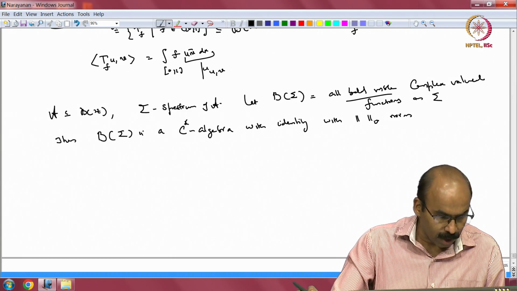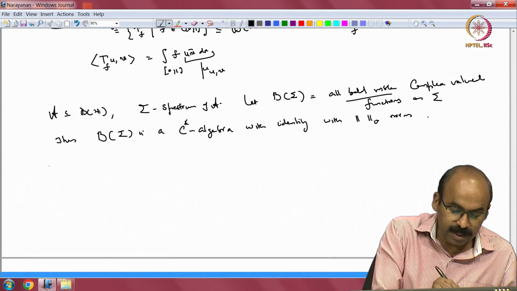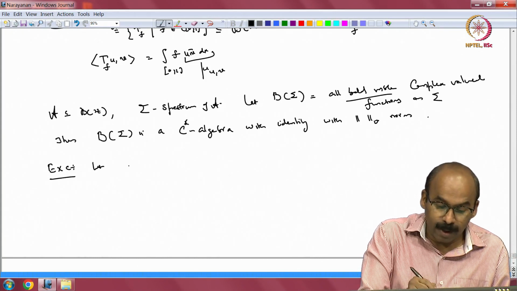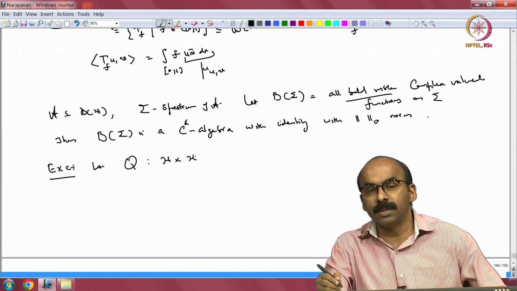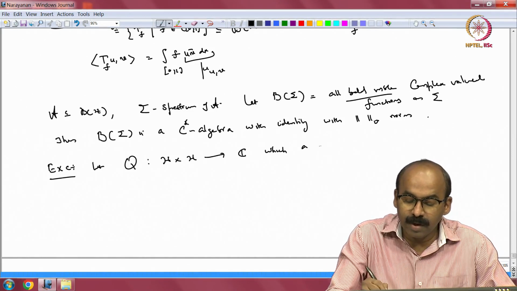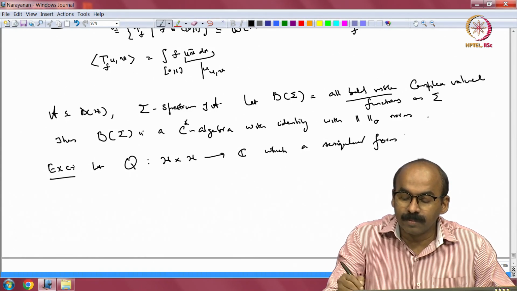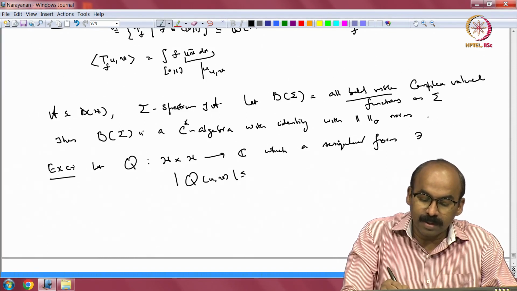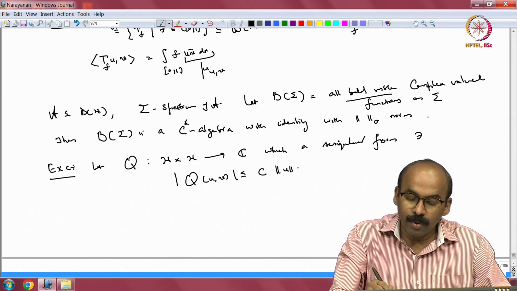Okay. Now, consider these measures, okay, define. So, yeah, maybe an exercise before that. Let Q from H cross H, where H is your Hilbert space, Q is a map from H cross H to C, which is a sesquilinear form, such that modulus of Q u v is less than or equal to some constant times norm u norm v.